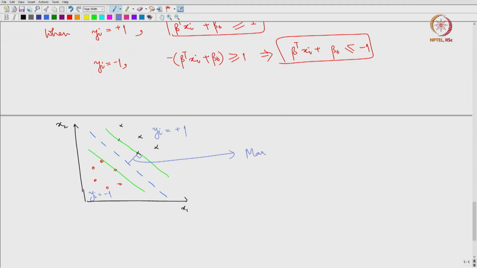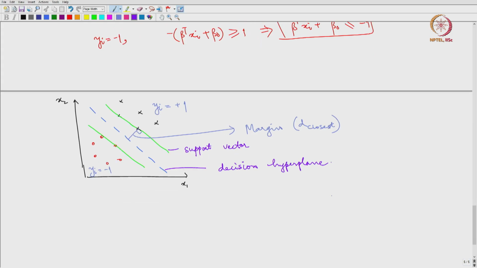That is the closest distance between the support vectors and the decision hyperplane. So, this is the support vector and this is the decision hyperplane.